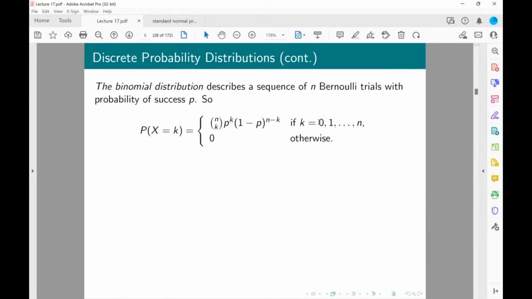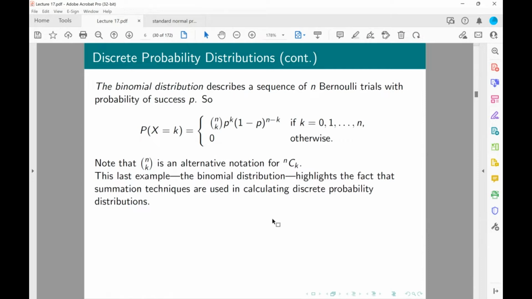It's defined as long as we have any of 0 up to n trials passing, but nothing besides that for the value of k. And this is just notation for n choose k. If you haven't seen that, it sort of looks like a vector. At least it does justify that all that stuff with sums has some relevance in the real world and in some applications.